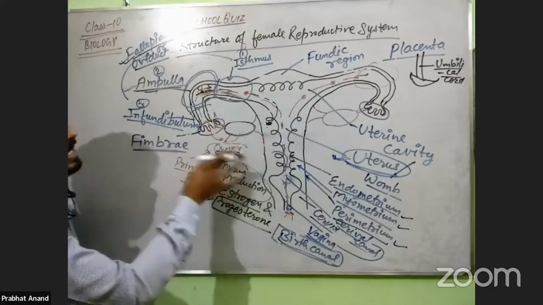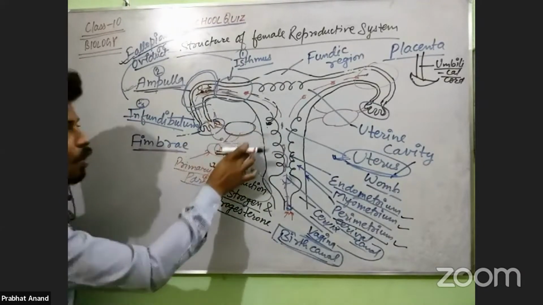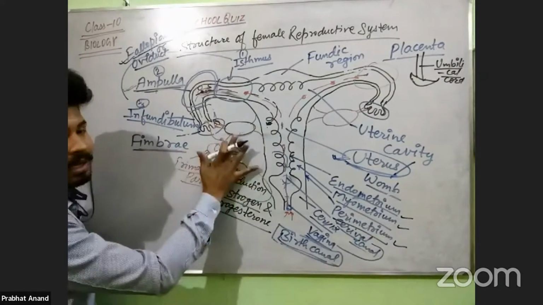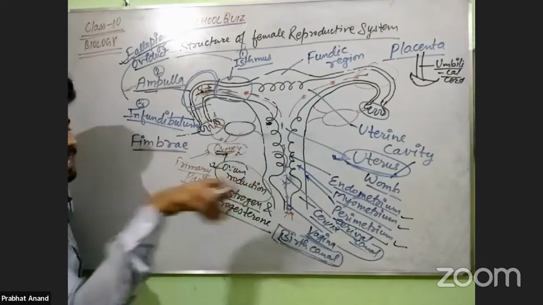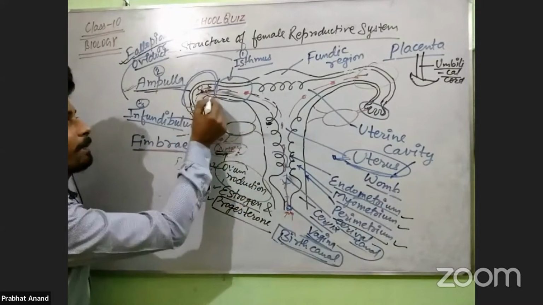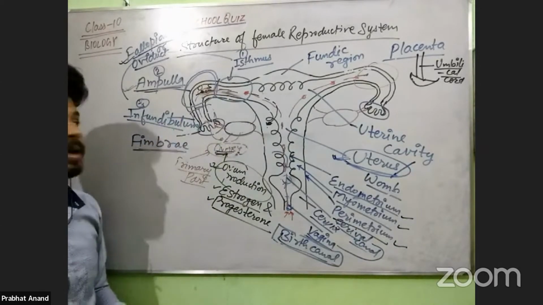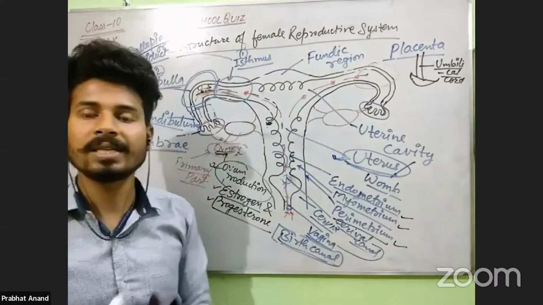So these things function in a coordinated way: first the ovary produces and releases the ovum, then the fimbriae catches the ovum and makes it enter into the fallopian tube, and then the fertilization of gametes occurs.